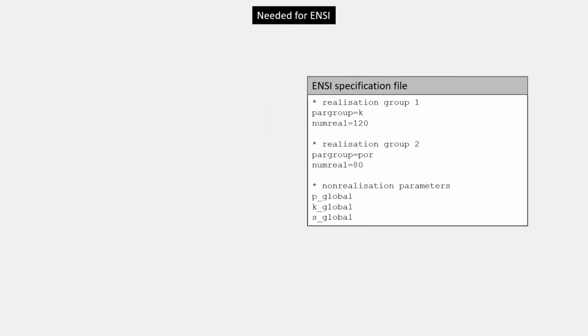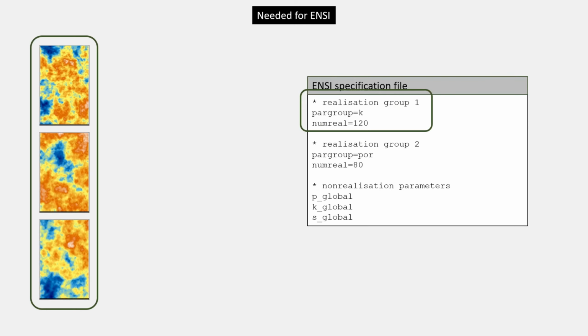The ENSI specification file is particularly simple. This is where we assign different parameter groups to different realisations. So we define the individual or groups of parameters which will be subject to realisations, for which we generate random realisations for realisation group 1 in this first section of the file.